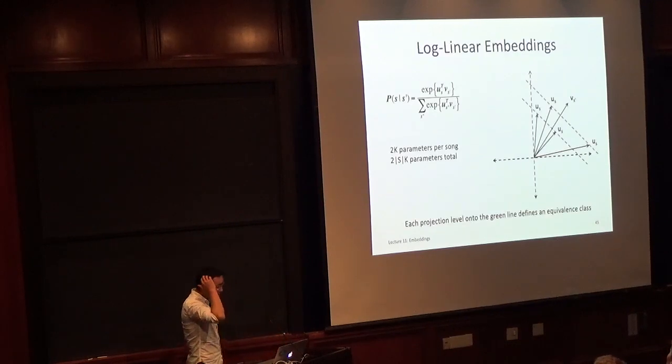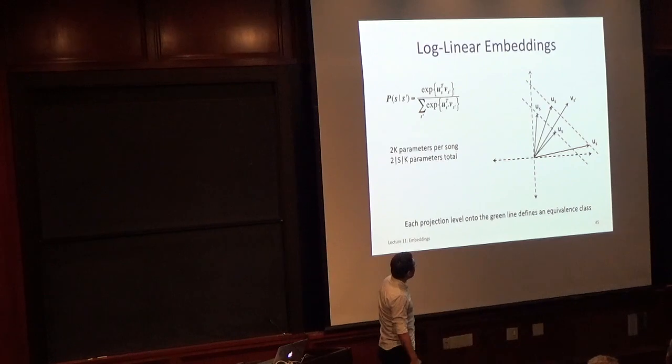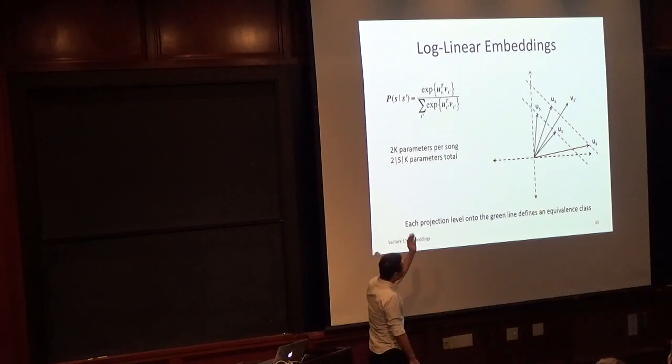So how do you interpret what's happening here? Basically, if your current word's embedding is V sub S prime, then this projection projects different other vectors onto this green line at different levels of magnitude. That's illustrated by those dashed lines.